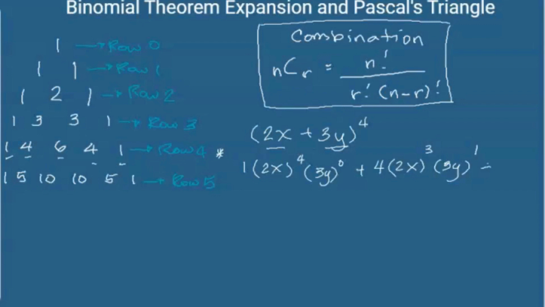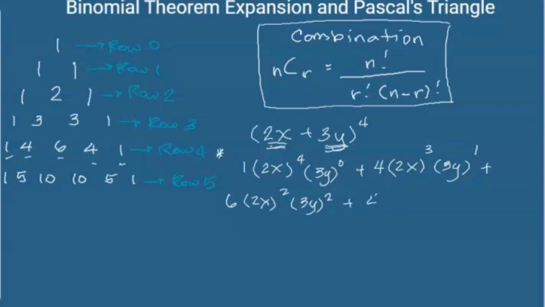So what we're doing here is the exponent of 2x will be decreasing, 4, 3, 2, 1, and the exponent of 3y will be increasing. Plus, let's continue, plus 6 times 2x raised to the second power times 3y to the second power.